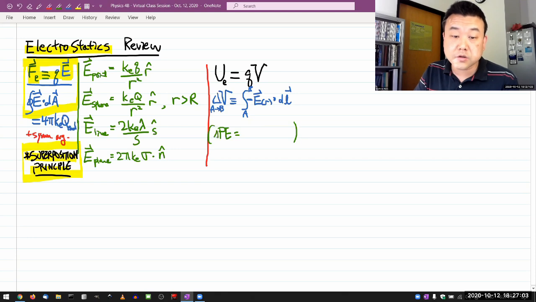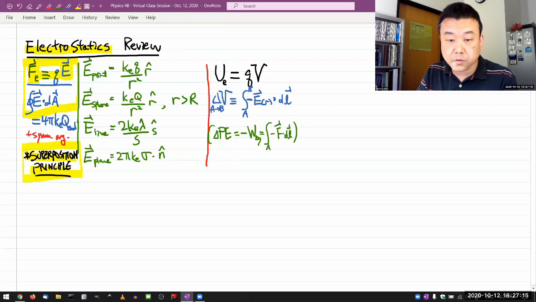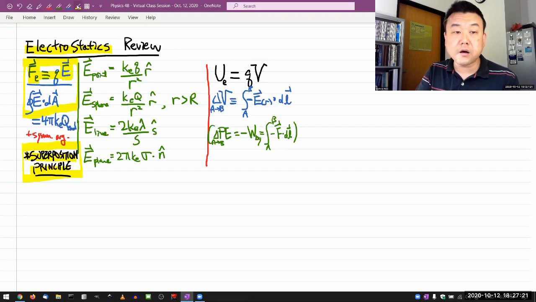The change in potential energy is defined as minus the work done by the conservative force, or the line integral of minus the force dot product with the path element going from A to B. So this is in the background, and that's how these three things are related to each other.